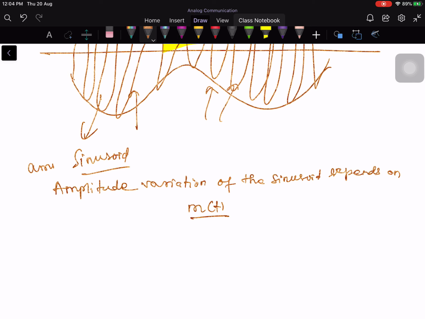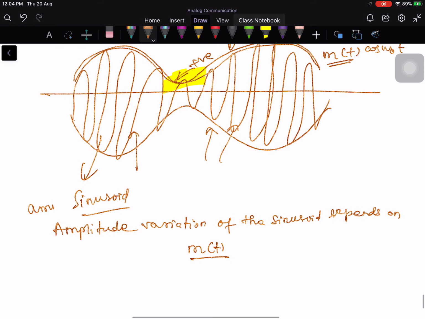And the envelope fluctuations are slow fluctuations compared to the carrier frequency, because the carrier is varying very fast since it is high frequency. So envelope fluctuations are also called slow fluctuations.